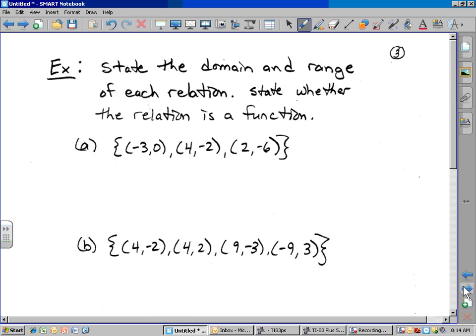All right. Getting back to this example, state the domain and range and tell me whether it's a function or not. So what's the domain?